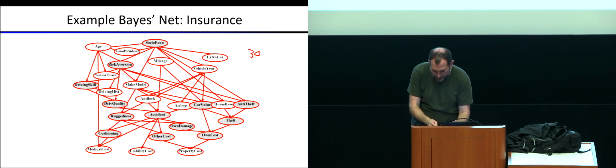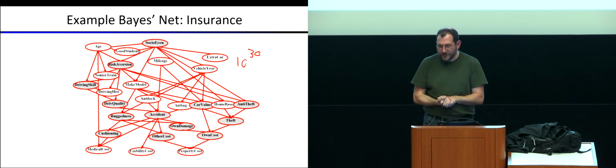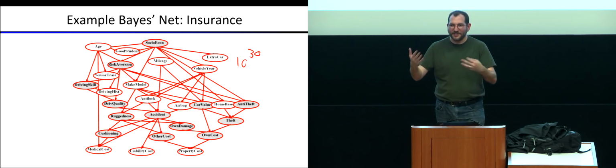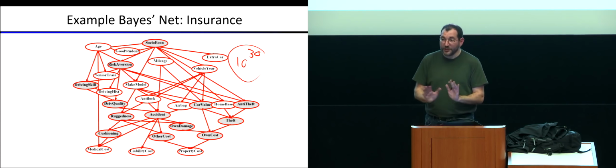Each variable has a choice of 10 things, so it's going to be 10 to the 30th. 10 to the 30th numbers is bad news. But it's even worse if you had to examine 10 to the 30th case studies to figure out what those numbers even are. So the joint distribution is conceptually really, really big.